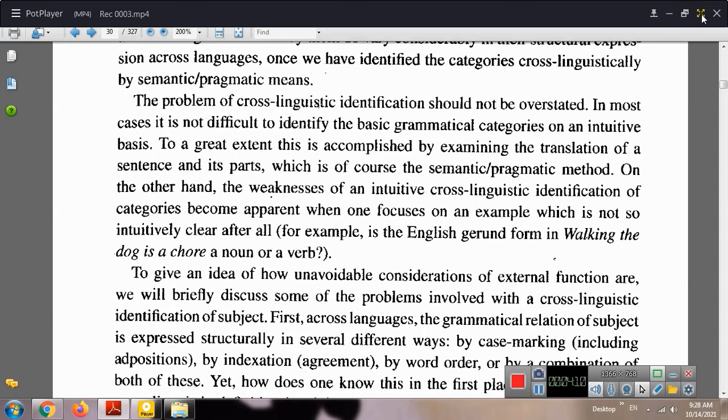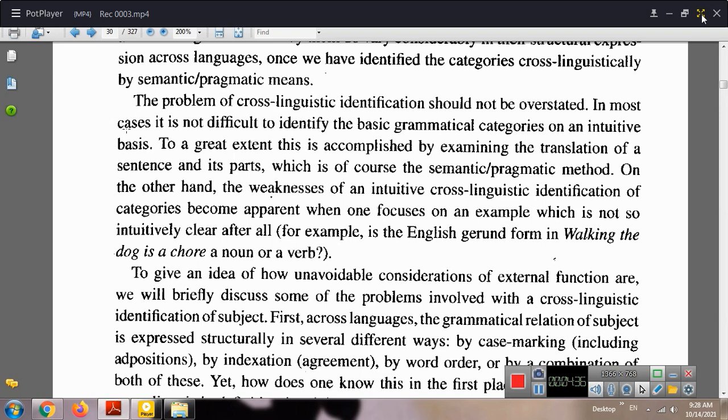The problem of cross-linguistic identification shouldn't be overstated.